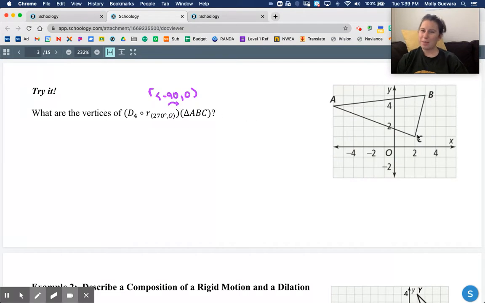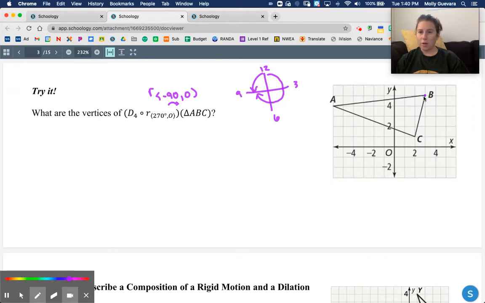So sometimes I think that that's a little bit easier to think about. Right, because if I have a clock, here's like 12, 3, 6, 9, we're thinking about a clock. If I go around 270 degrees, it gets me here. Well, if I go around 90 degrees, it gets me here. So I get to the same spot either way.